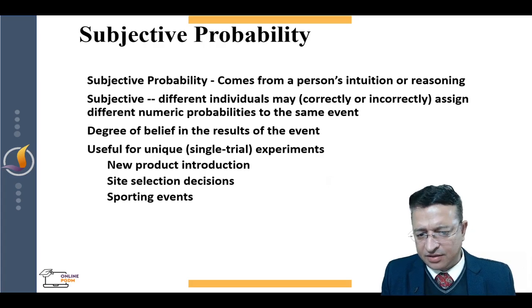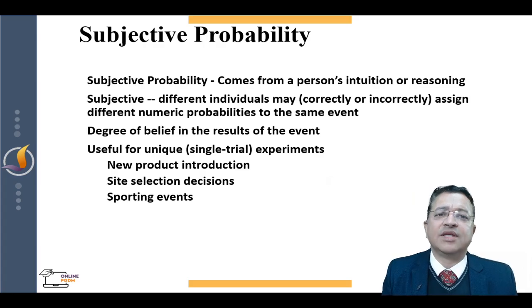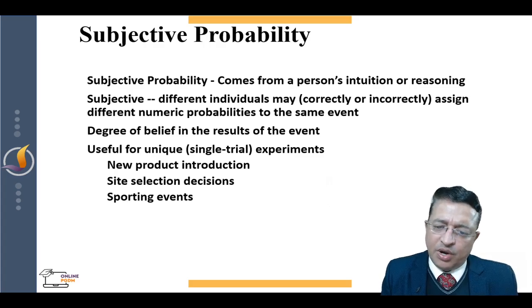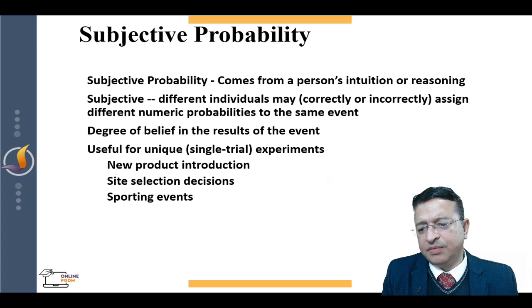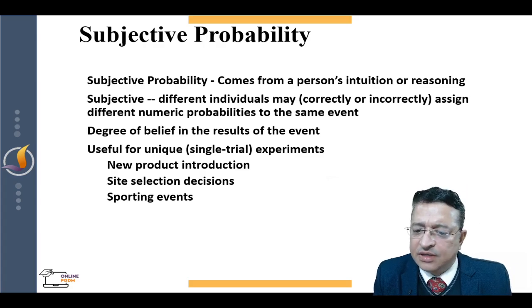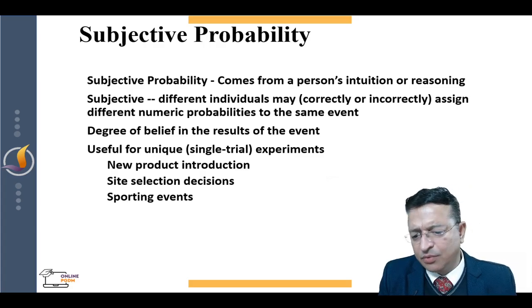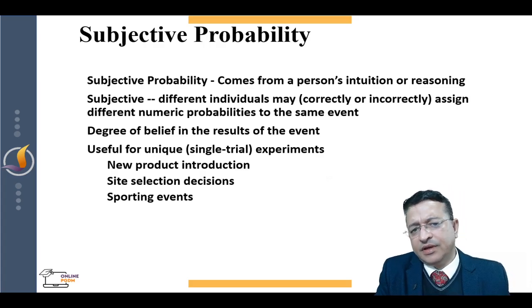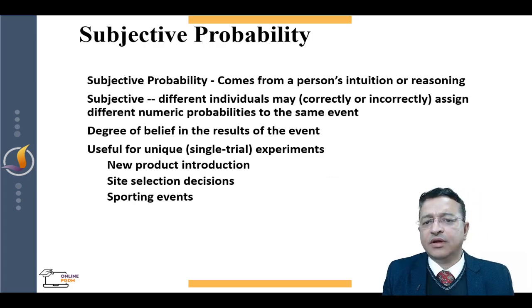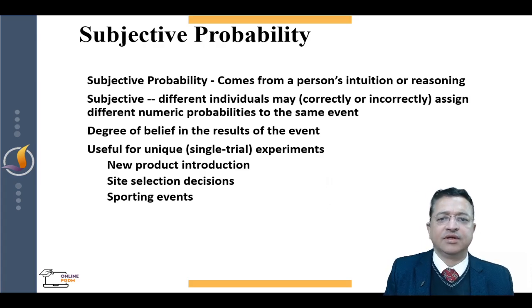On the basis of that, we can assign some number, and that would be the probability or chance of happening of that particular thing. Generally we use this in new product introduction, sometimes site selection, sometimes supporting events. So these are the three methods of calculating probability: classical, relative frequency, and subjective.